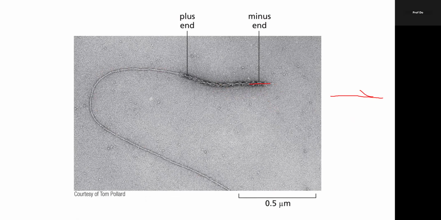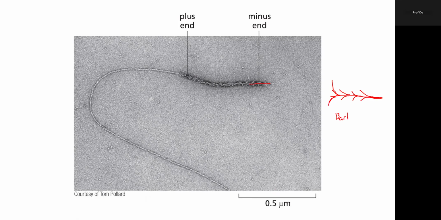But the V-like structure kind of looks like this. And we can actually tell the direction because of these branching structures that we see right here. The minus end will always contain the concave or the sharp point of this structure. And then the plus end will have the branching chain extending outwards.